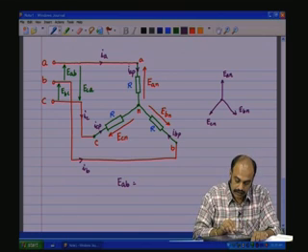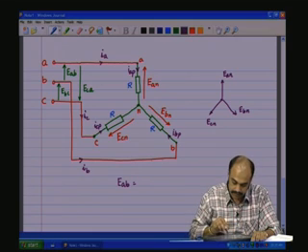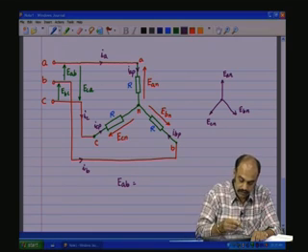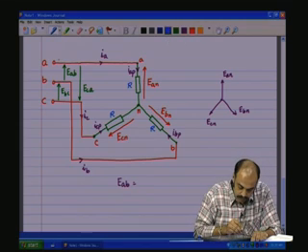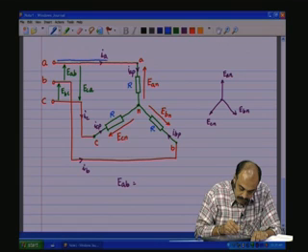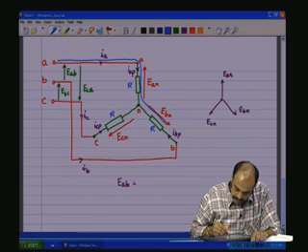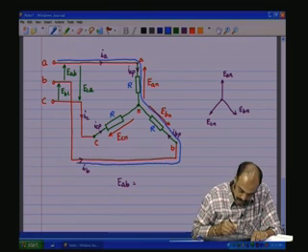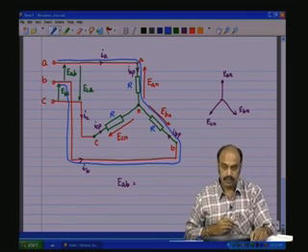Now, look at this portion of the circuit between A phase and the B phase, isn't it? So, let me draw this in blue. Look at this portion of the circuit. We shall apply the Kirchhoff's voltage law for this portion of the circuit. So, for this loop. Okay.